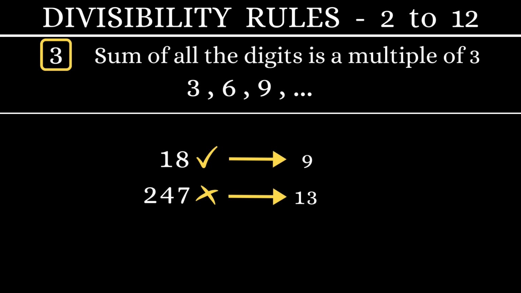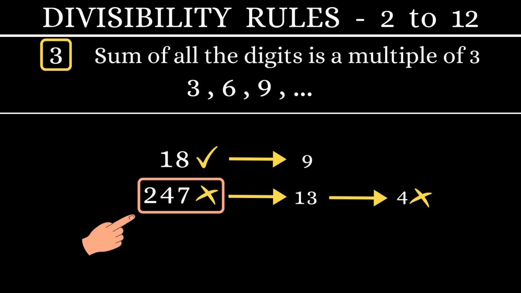In this example, you could also add the digits of this number 13 to get 1 plus 3, which is 4. Again, 4 is not divisible by 3, which shows that 247 is not divisible by 3.